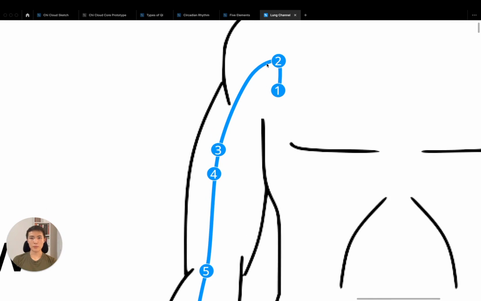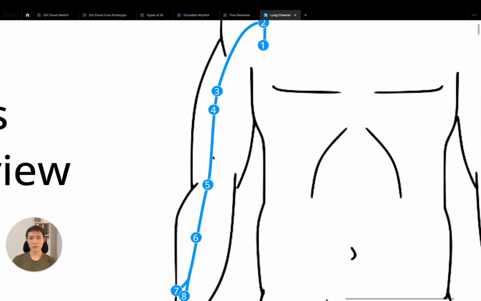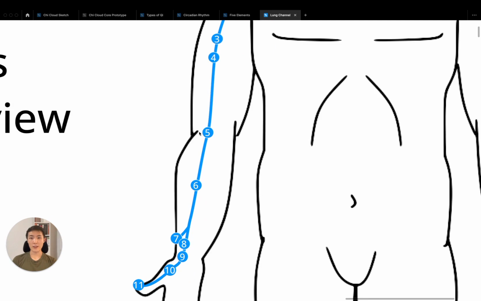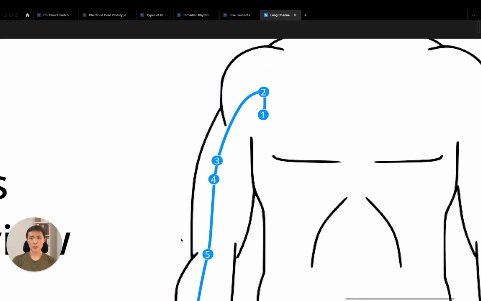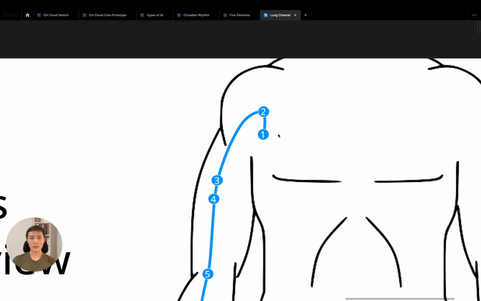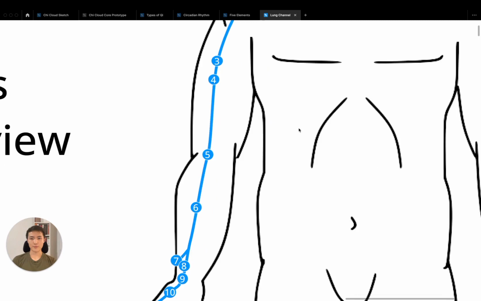It goes down to the lateral aspect of the biceps, past the inside of the elbow, called the cubital fossa, past the forearm, on the transverse crease of the wrist, past the thenar eminence, which is the muscly part of the thumb, and all the way to the radial side of the thumb. And so we're going to go in depth about each point's location.